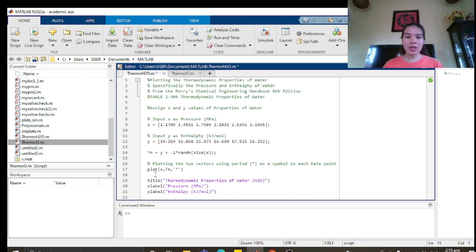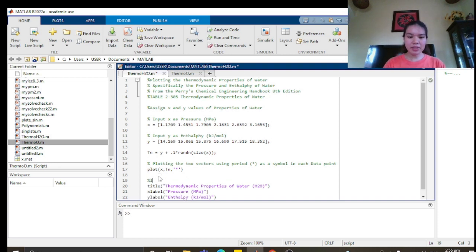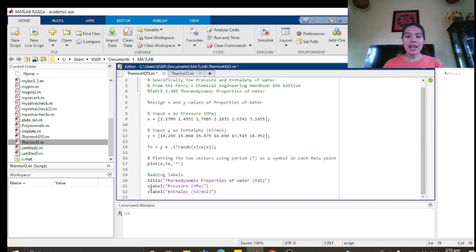Then we're going to add labels for the title, for the x, and for the y.